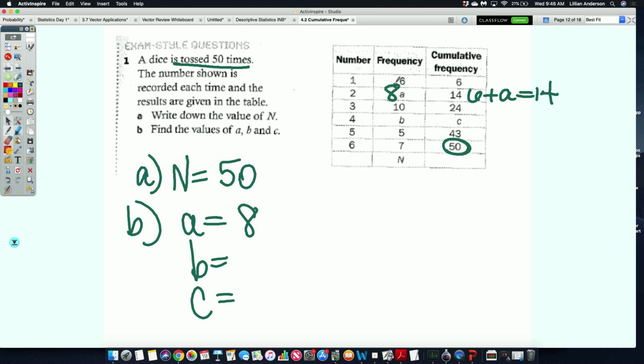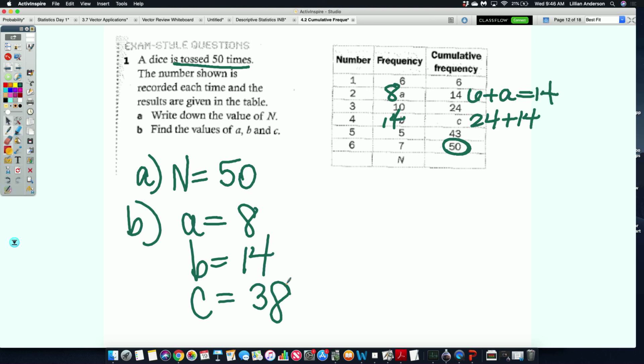Since A is 8, we can find B. How? By adding up all of my frequencies and subtracting it from 50 to find B. What do you get? 14. So B is 14. And subsequently, you need B in order to find C, because C is found by adding 24 and 14, which is 38.